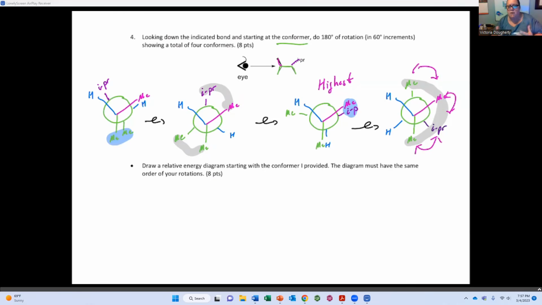So all of these gauche interactions make this last staggered conformer the highest energy staggered conformer. The second conformer I drew is the lowest, this is the second lowest, and the one I started off with in this case is the second highest.